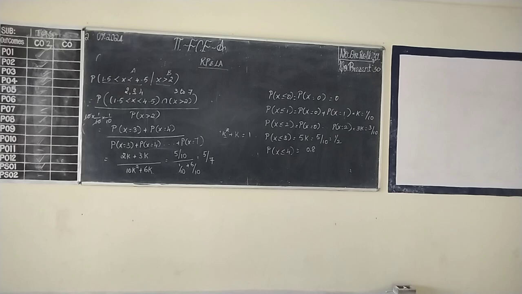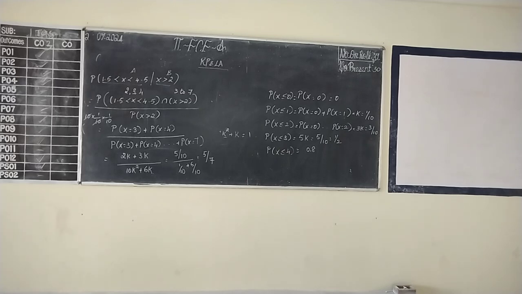When you go for the third value, 1, 2, 3. Like this you are going to go to the last value. When you go to the last value, you are going to add from the first value till the last one. What should be the answer? It should be 1. Okay, remember that. Whenever you find a cumulative, for the last one the answer should be equal to 1.